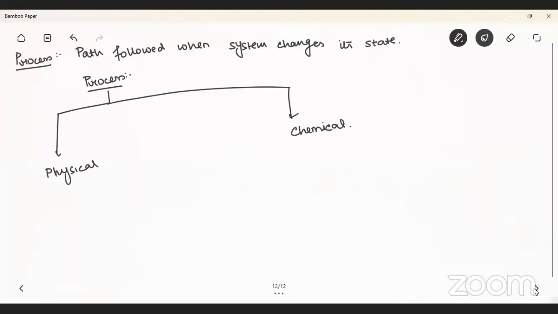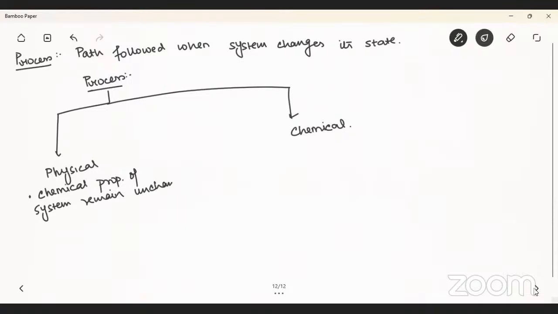So physical processes are the processes during which the chemical identity of the system remains unchanged. So here the chemical property of the system remains unchanged. Okay, so this is what a physical process is.